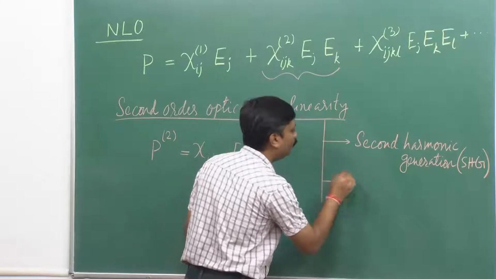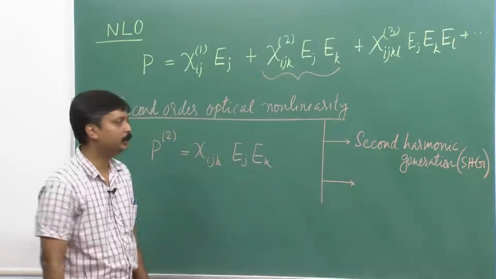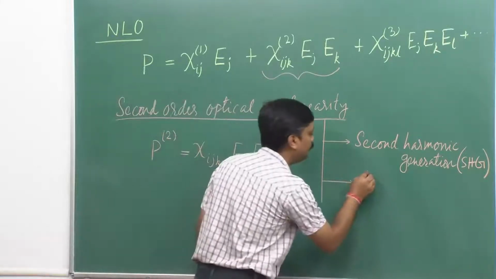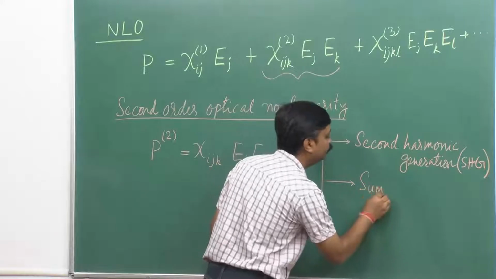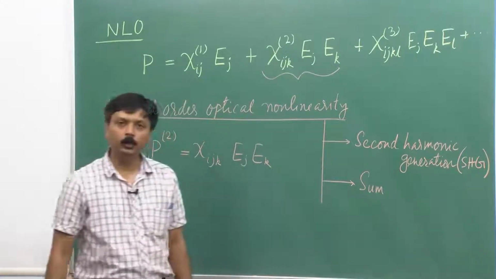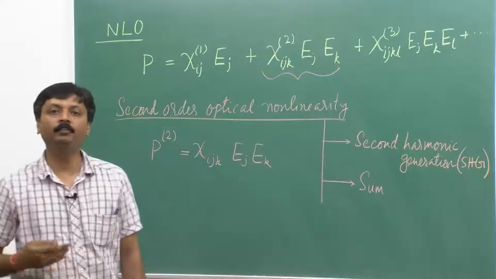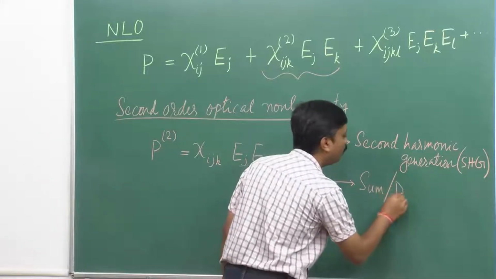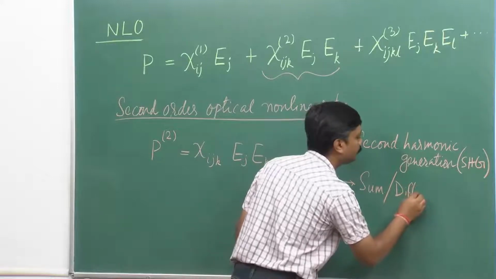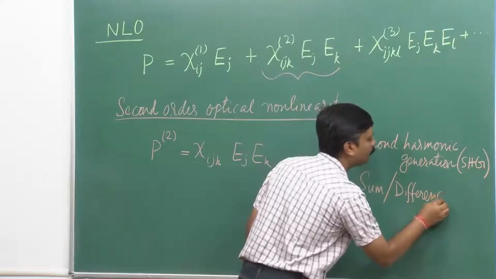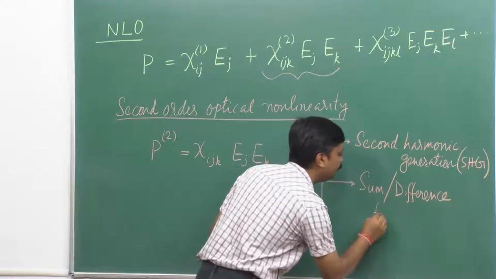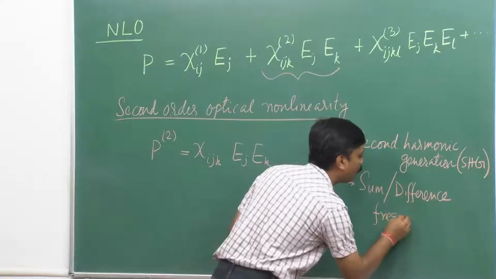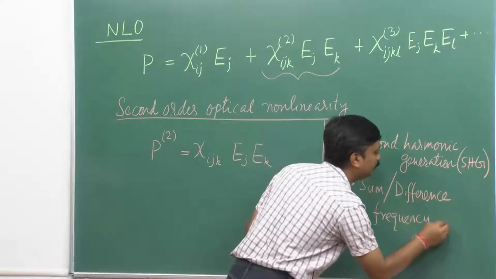The second order nonlinear optical process also consists of another process which is known as sum frequency generation. Also there can be a difference frequency generation. So, sum or difference frequency generation.